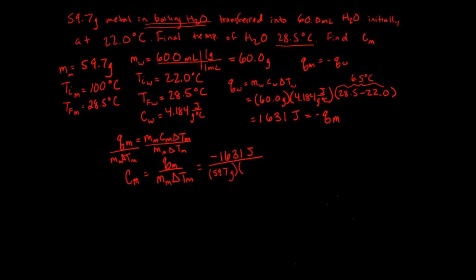Now our final temperature is lower than our initial, so we have 28.5 minus 100 degrees. So this is negative 1,631 joules divided by 59.7 grams times negative 71.5 degrees Celsius.